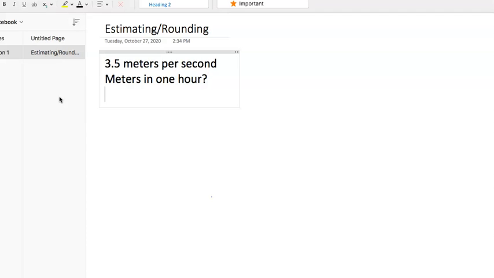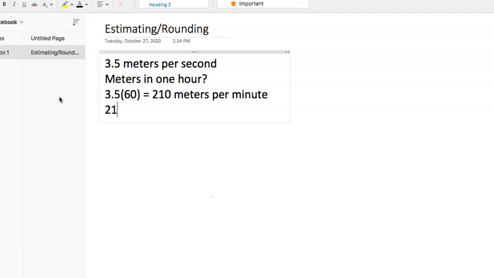Okay, so the math of it isn't really all that hard. So if I'm going 3.5 meters per second, 60 seconds in a minute, that will leave us with 210 meters per minute at this rate.